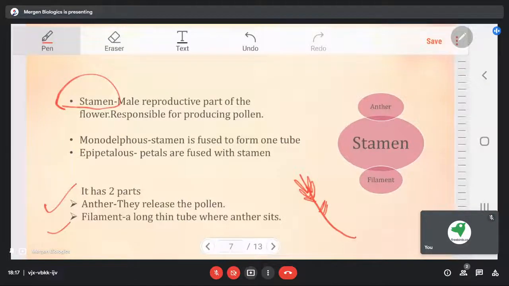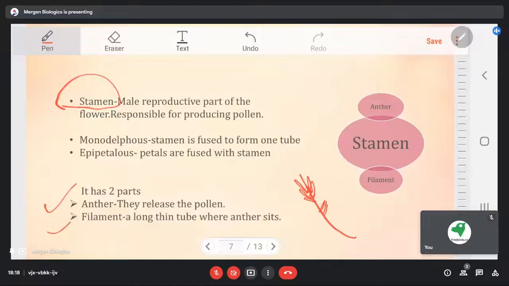Now, when the stamens are fused to form one tube, like we have seen in the case of hibiscus, that condition is known as monodelphous. If they are not fused to form one tube, they are separate, individual, then they are known as polydelphous.